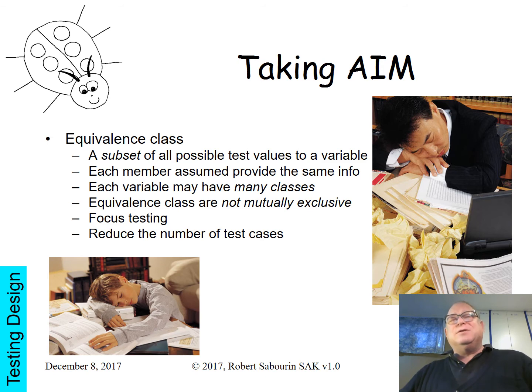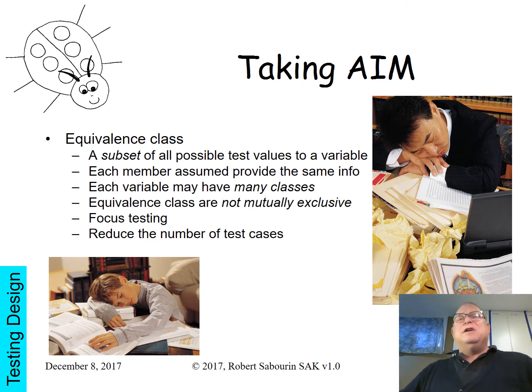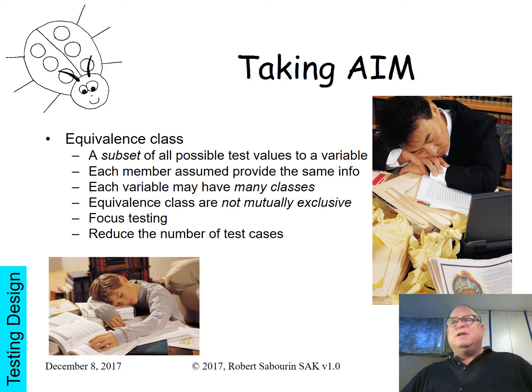And this subset has certain properties. Each member of it would provide the same info if we tested it. Not the same result, but the same knowledge. Each variable can have many classes. They're not mutually exclusive. They really help focus testing by letting us reduce the number of test cases to learn the same amount of stuff about the application.